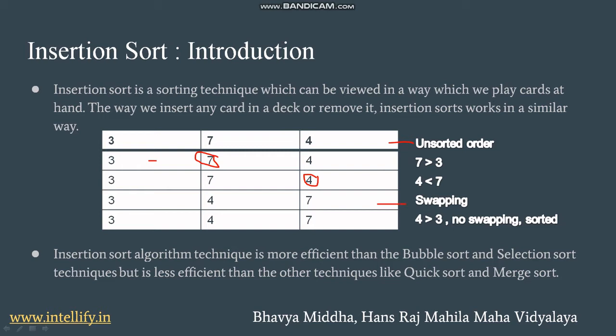The swapping takes place. Next, I compare 4 to 3. I know that 4 is greater than 3. Therefore, the position of 4 is correct with respect to 3. No swapping takes place, and now I have my sorted list.